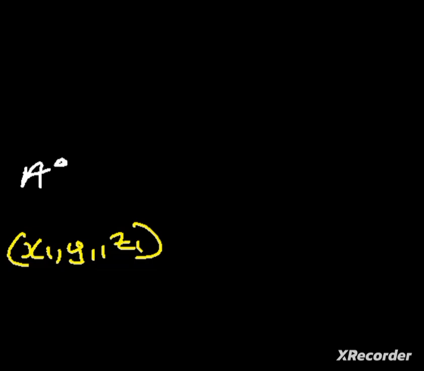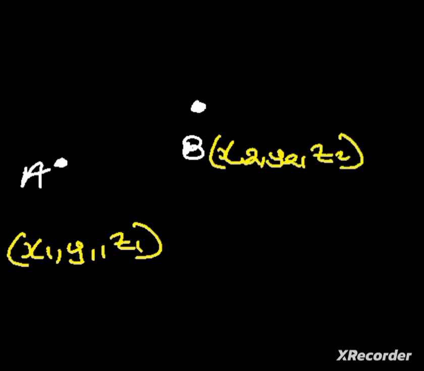And let's say we have another point B within the same three-dimensional coordinate system, having the coordinates x2, y2, as well as z2.